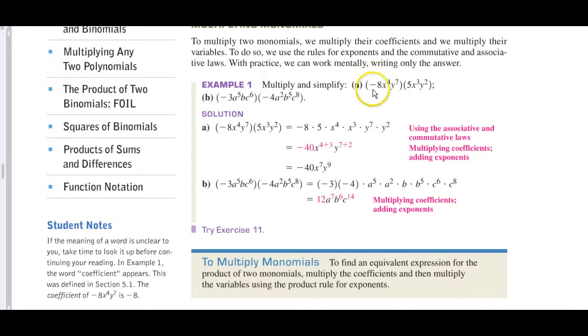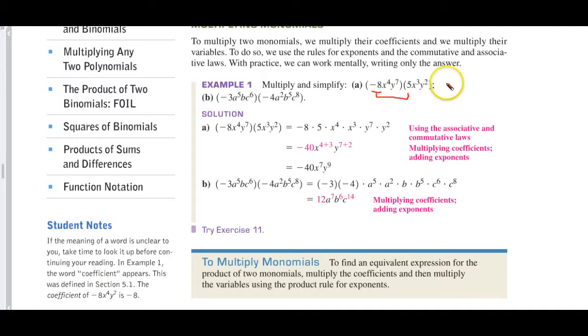So in example A, you're asked to multiply two monomials. Notice here the coefficient is -8. Here it's 5. So a suggestion would be always do the sign and the number part first.